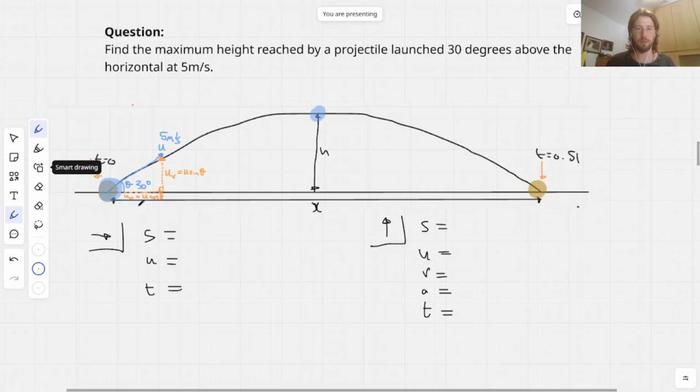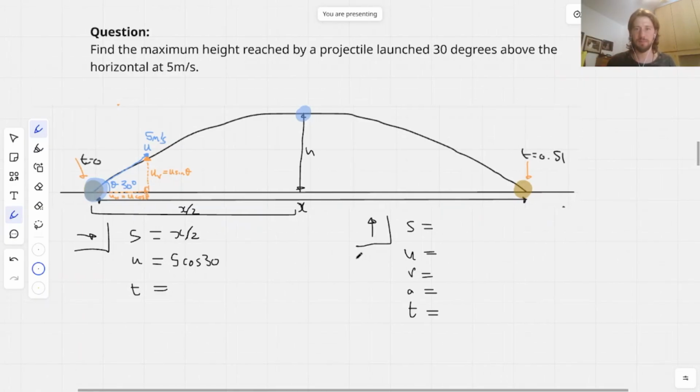Horizontal component, we're using cos of 30 degrees, 5 meters per second, so that'll be 5 cos 30. And the final displacement, well, we don't really know what that is. Actually, we do. Again, it's a parabola, so we know it's x over 2. But you'll see that we won't actually need it. And time, well, we don't know what that is.